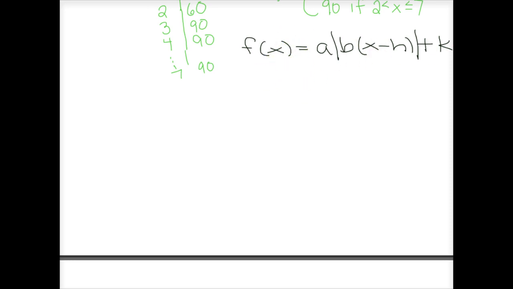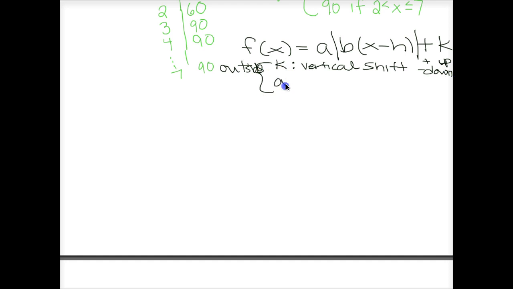But again, in general, if it's outside the bars, it's going to control something vertical. So K controls your vertical shift. Again, it's on your paper, but plus means you go up and minus means you go down.